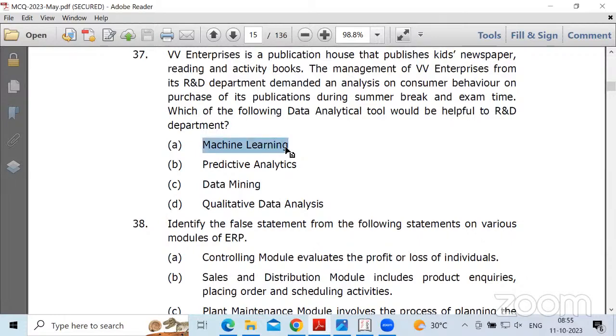Machine learning learns the behavior of the person, therefore it does not fit. Predictive analysis, you are able to predict what will be the sales, what will be the demand. Data mining, from the available data you are doing mining.